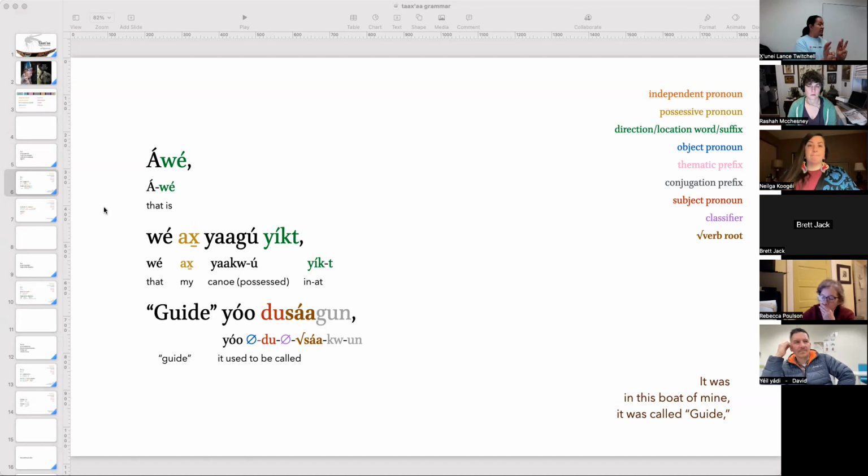Just like with translation, where you can go word for word, right? So you could translate this as, that is, that my boat, in shallow container at, guide, and then you do sagen, people used to call it, right? So that would be sort of a line-by-line translation.